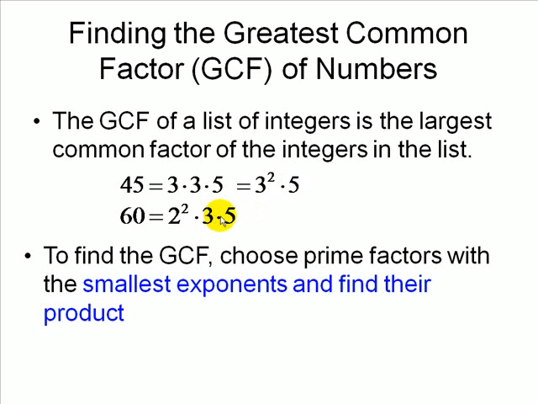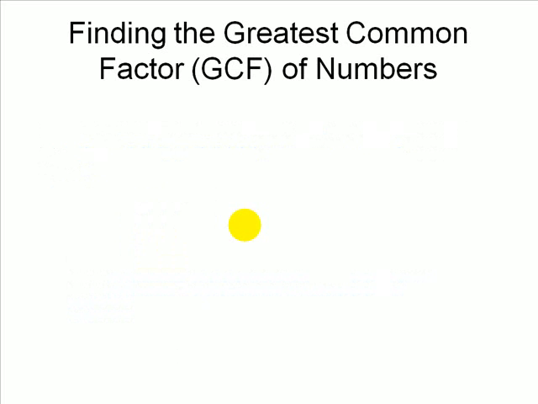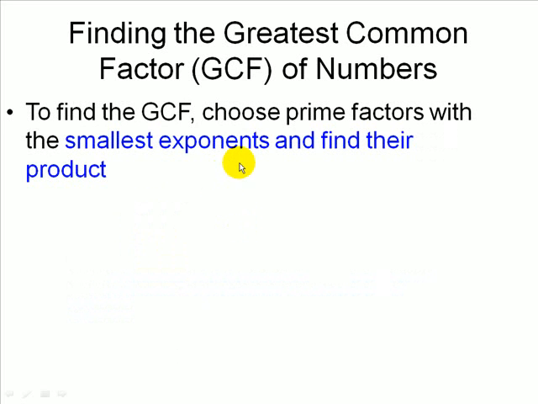Therefore, 3 and 5 are common factors associated with 45 and 60. And we can say that 3 times 5 is 15, therefore 15 is the greatest common factor between 45 and 60. Once again, to find the greatest common factor of numbers, we find the smallest exponents associated with the prime factors and then find their product.